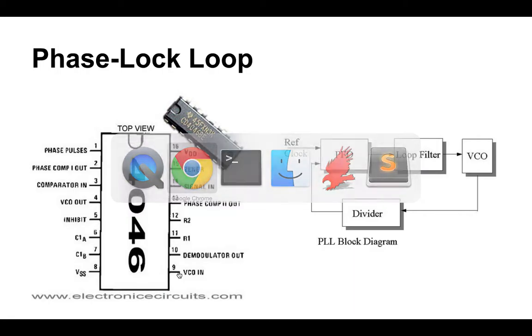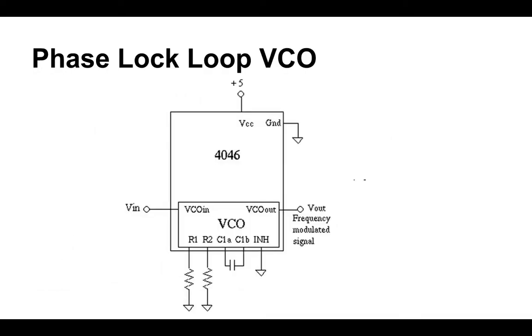Let me show you this. So this is a really simple circuit. These 2 resistors determine the range of my frequency, right? So right now I'm using a 1K and a 1 meg resistor. If I change those values, I can change the sweep of frequencies that I'm using.